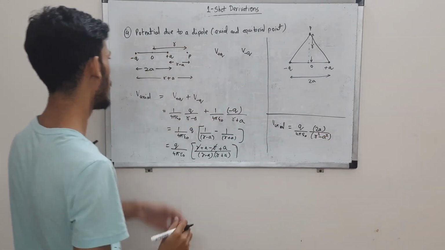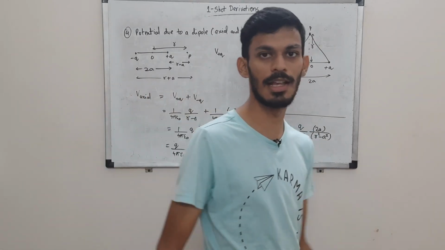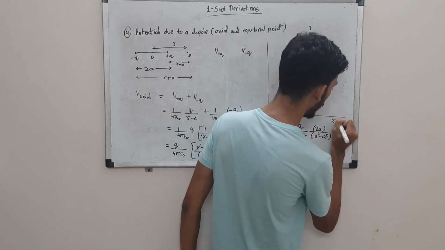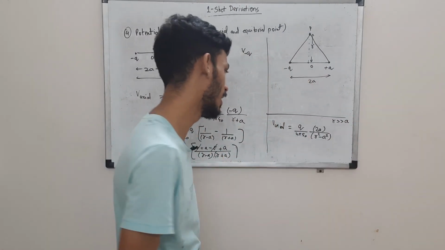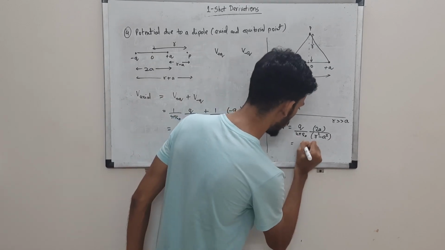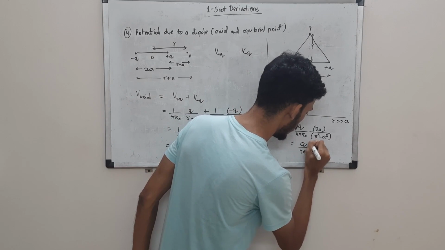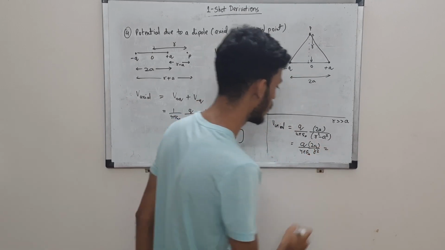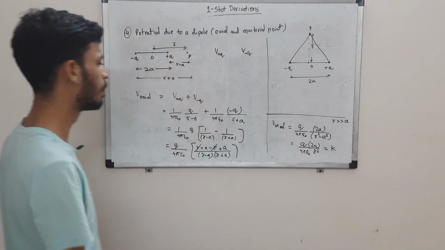So usually for a dipole this distance is very small, two charges equal and opposite separated by a very small distance. So this r will usually be much greater than a, so you can neglect that a basically. So you'll have q upon 4 pi epsilon naught into 2a by r square. You can write this 4 pi epsilon naught as k, and this q into 2a, what is that?